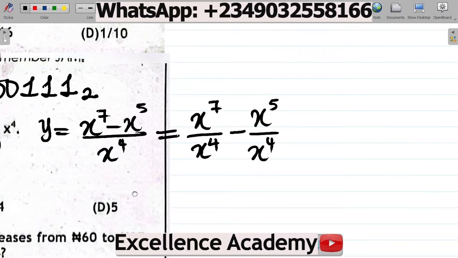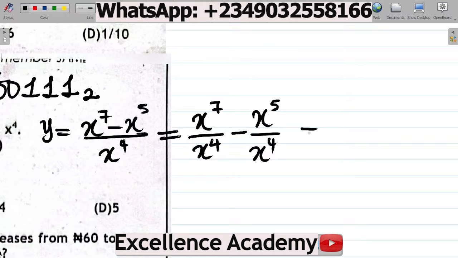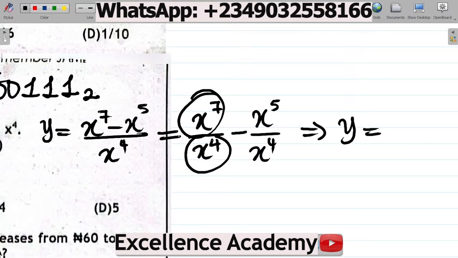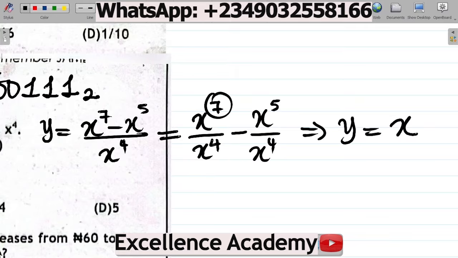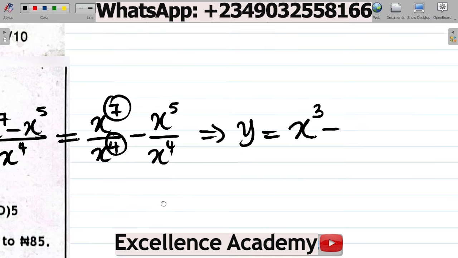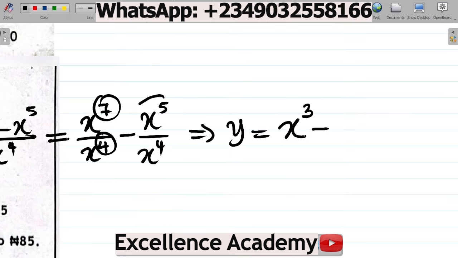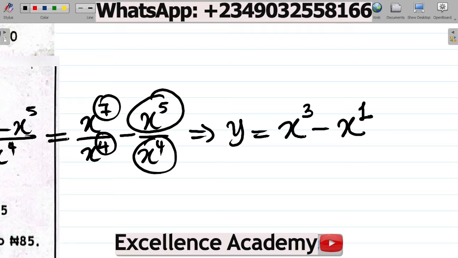So y is equal to x to the power 7 divided by x to the power 4. That becomes x, subtracting the powers, 7 minus 4 gives you x cubed, minus x to the power 5 over x to the power 4, which is x to the power 5 minus 4, that's x. Now we can do our differentiation.